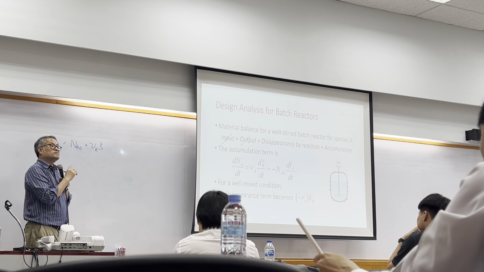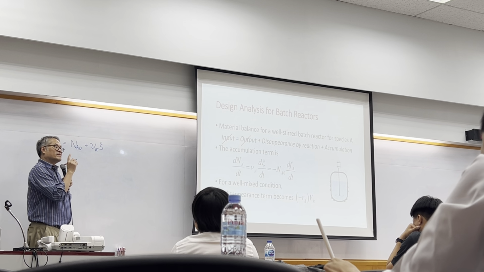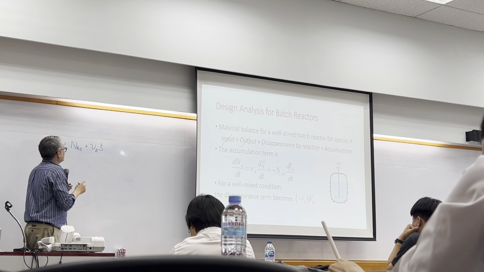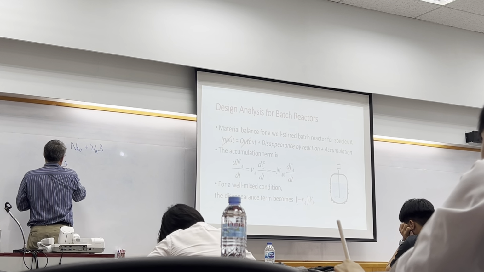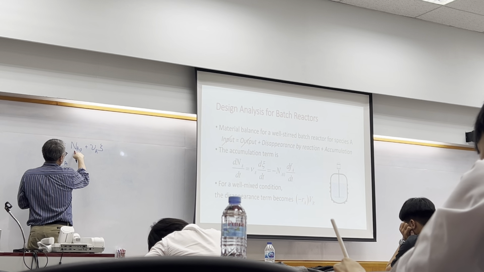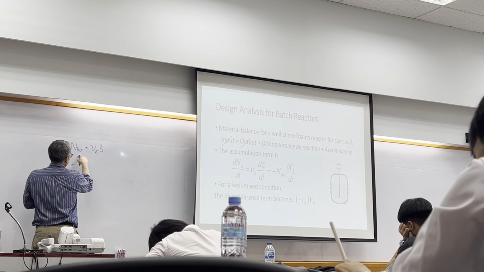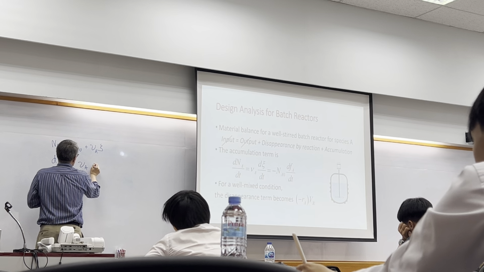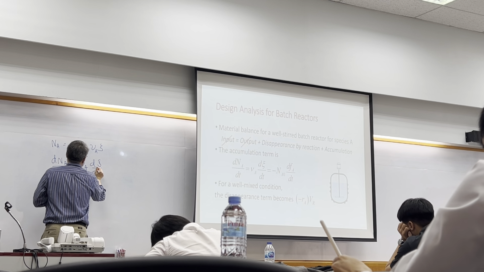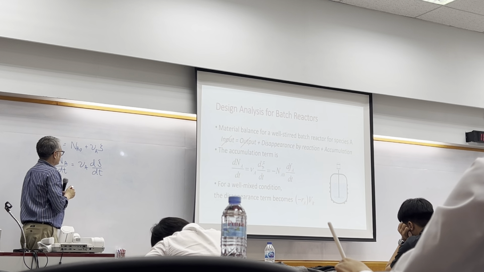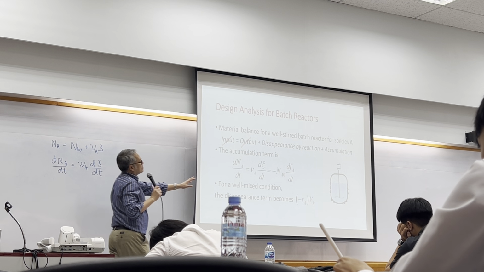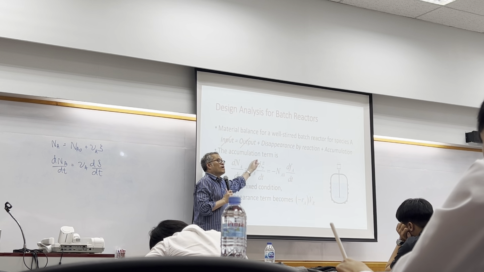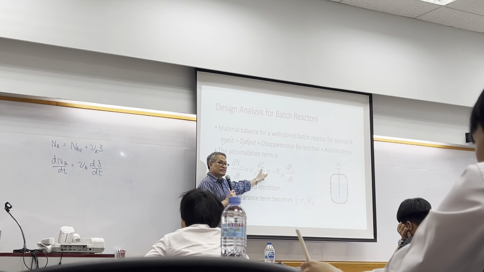This is in terms of the extended reaction. With this, dN_A by dt, the N_A0 term is a constant so it goes to 0, and then you have nu_A d psi by dt. So this is the accumulation term in terms of extent of reaction.